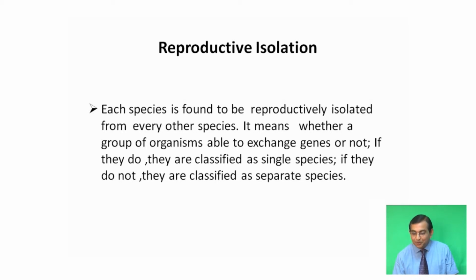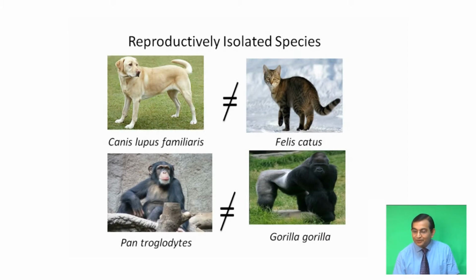It means whether a group of organisms is able to exchange genes or not. If they do, they are classified as a single species. If they do not, they are classified as separate species. Reproductively isolated species.